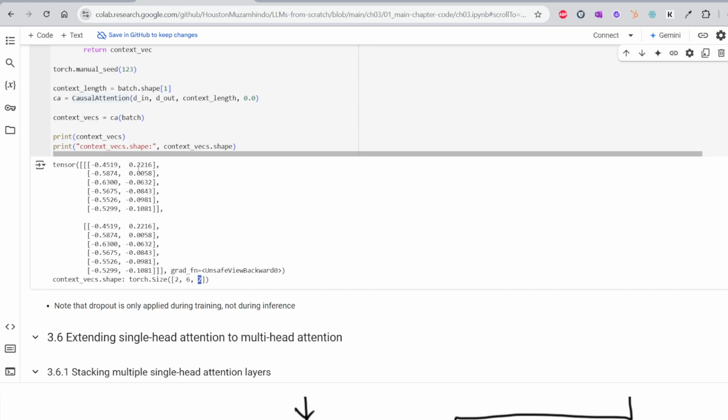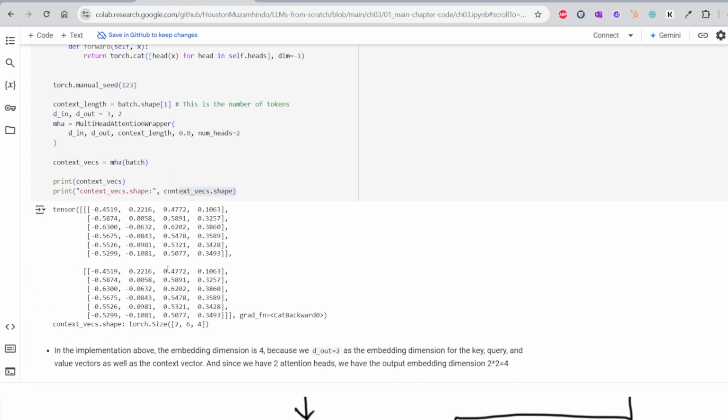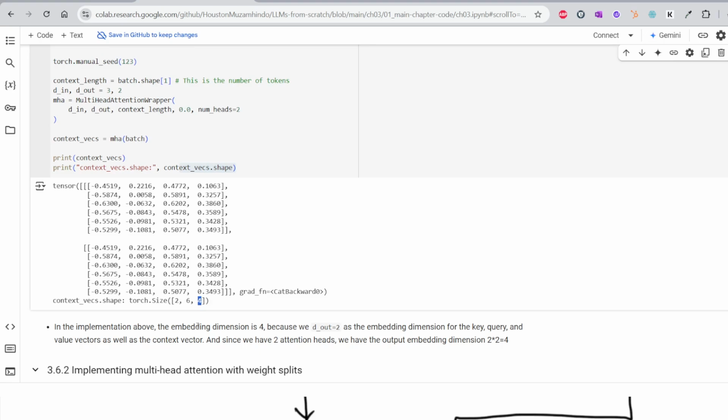But now, because we are concatenating the number of heads, we are repeating the same thing twice. So we concatenate. That's why we have a D out equal to 4 now. If we had 3 heads, this would be 6, because each head returns 2, so 6. So batch, and then number of tokens in each input, and that. That's what we have right now.